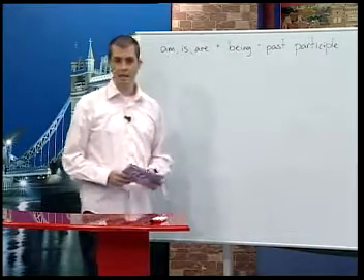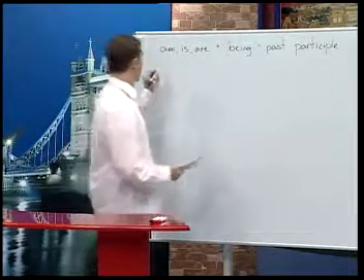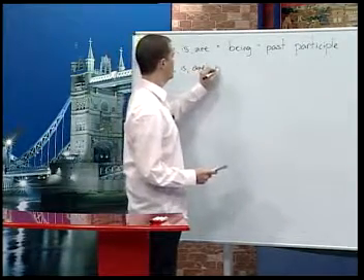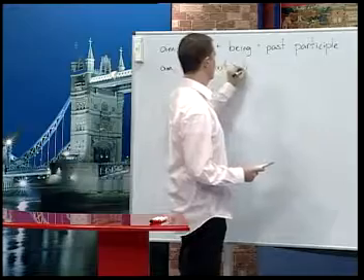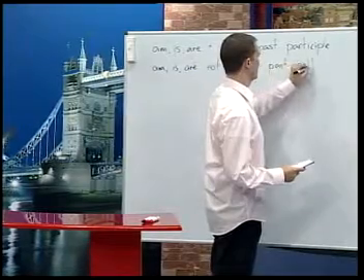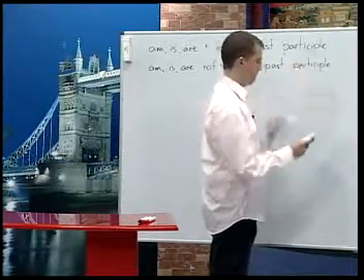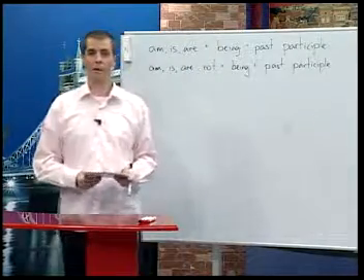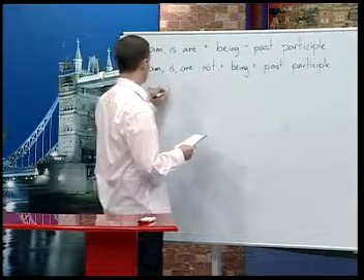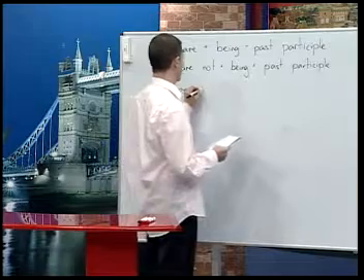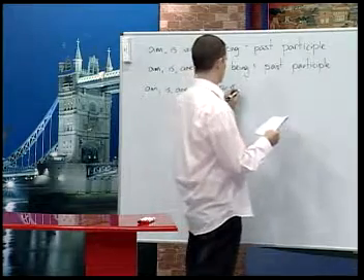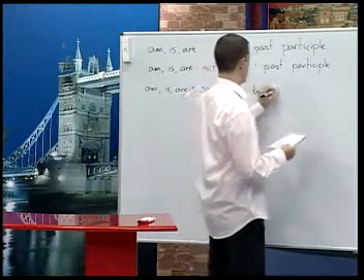To form the negative of the present continuous tense, we use am, is, are not, plus being, plus past participle. And to form questions using the passive voice in the present continuous, we use am, is, are, plus subject, plus being and past participle.